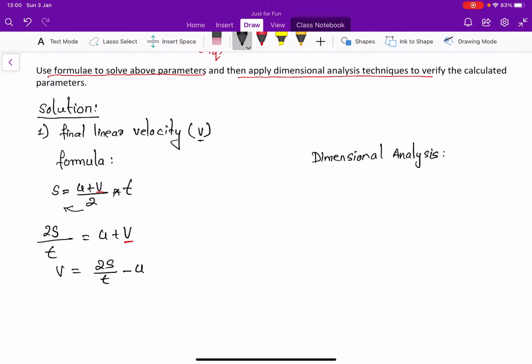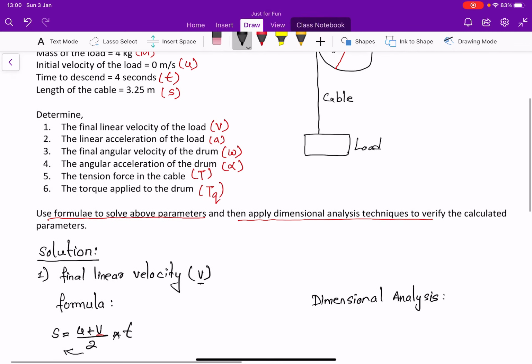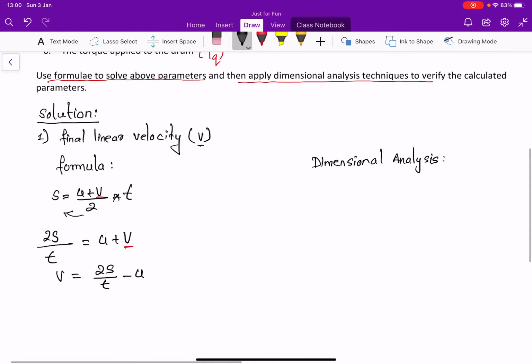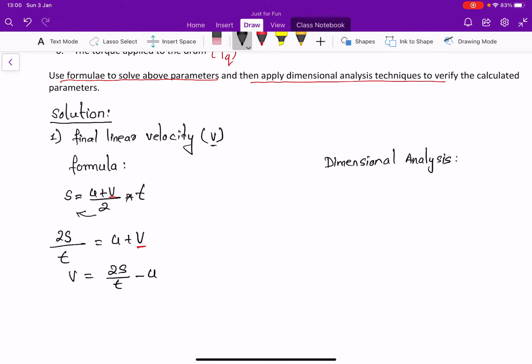Right, once we get the desired formula, which we need to apply, let's look at the question and find out what is given to us. Initial velocity, let me write down here. We have initial velocity as 0.